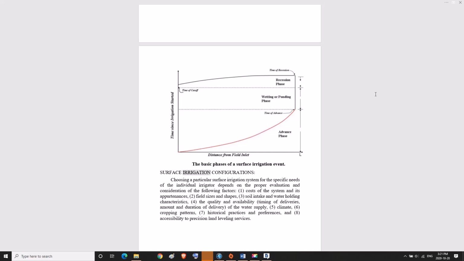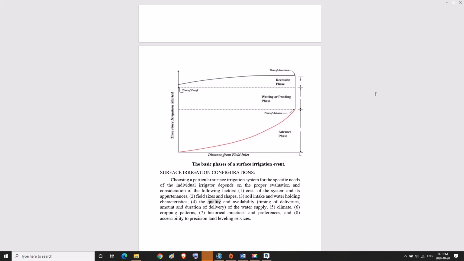Surface irrigation configurations. Choosing a particular surface irrigation system for the specific needs of the individual irrigator depends on the proper evaluation and consideration of the following factors: 1. Costs of the system and its appurtenances, 2. Field sizes and shapes, 3. Soil intake and water holding characteristics, 4.